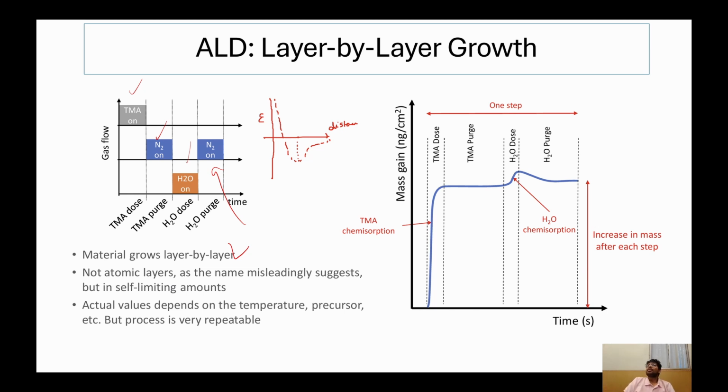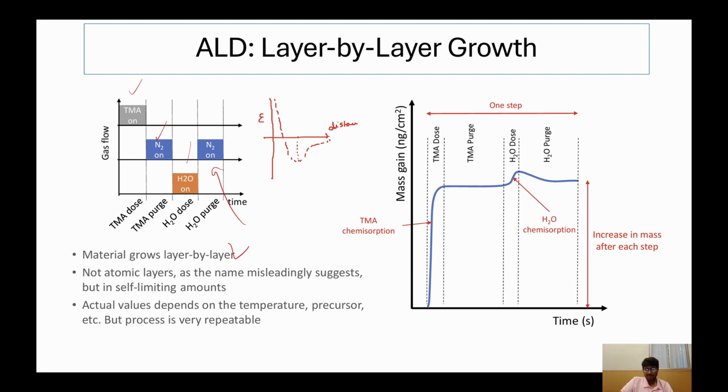So if you want to fill the trench, you need to give time for the precursor to go deep down in the trench, and that will react. There are two things: diffusion into the trench, and the reaction. As it is a highly reactive species, the reaction is not a big deal.